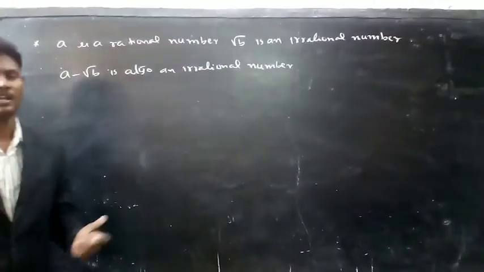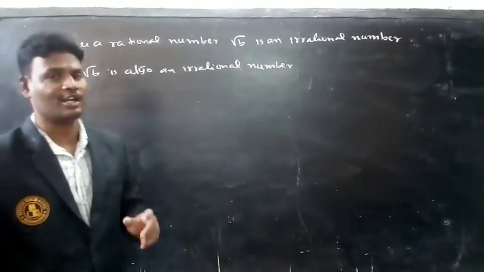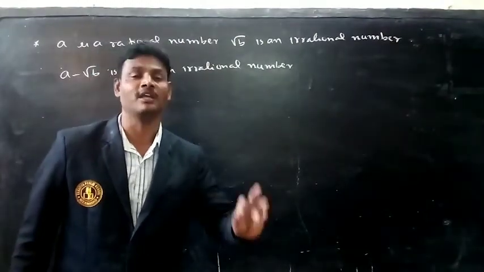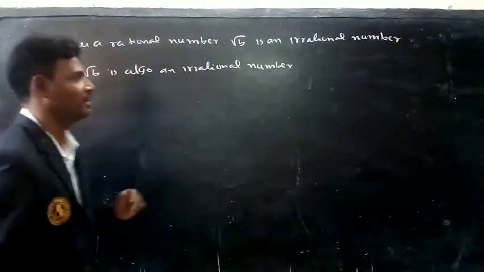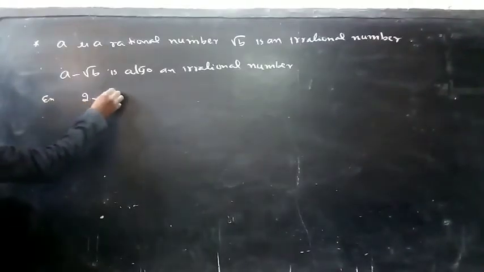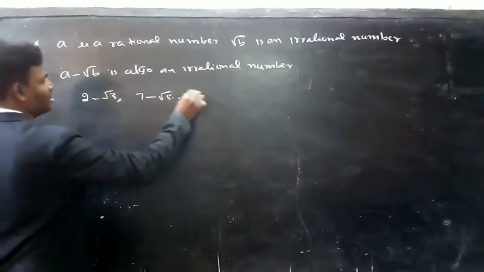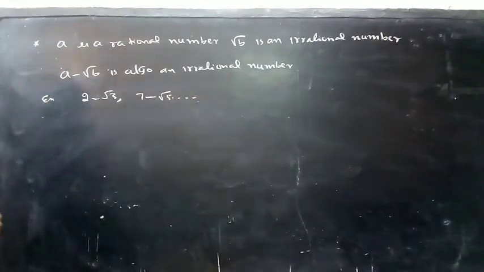The result of A minus root B is also an irrational number. Examples: 2 minus root 3, 7 minus root 5. These are the examples of that combination.